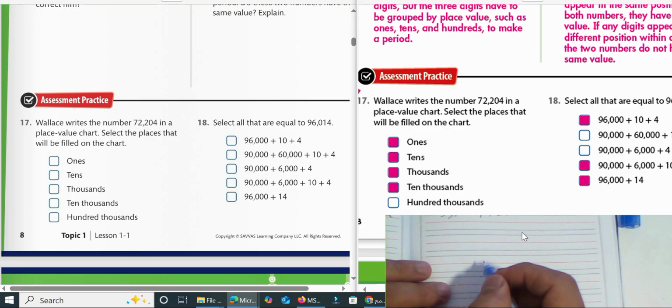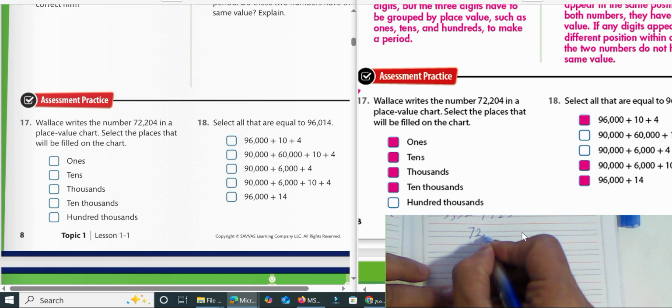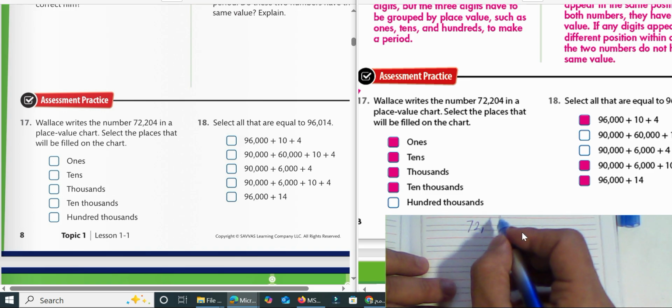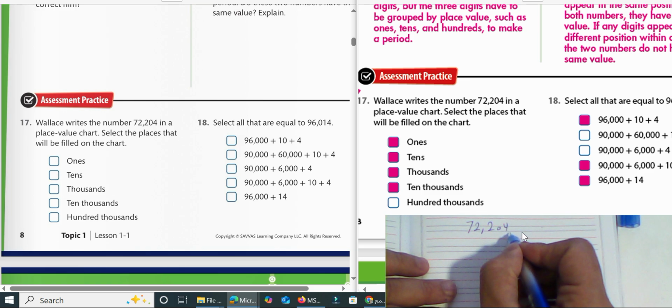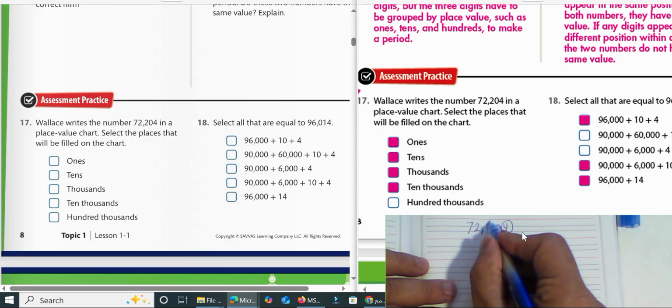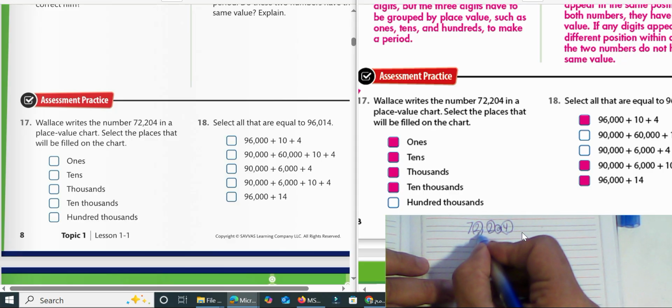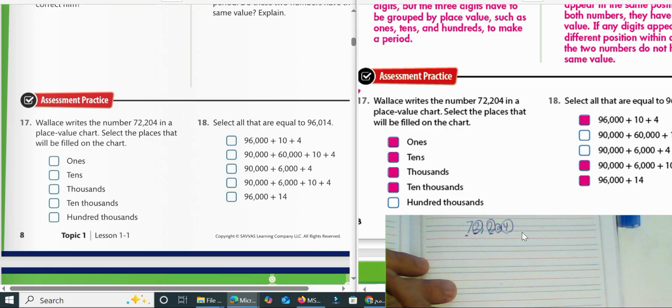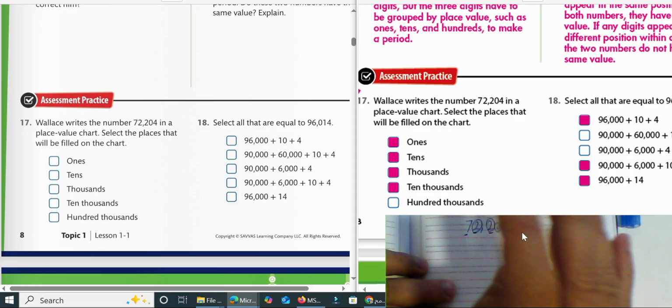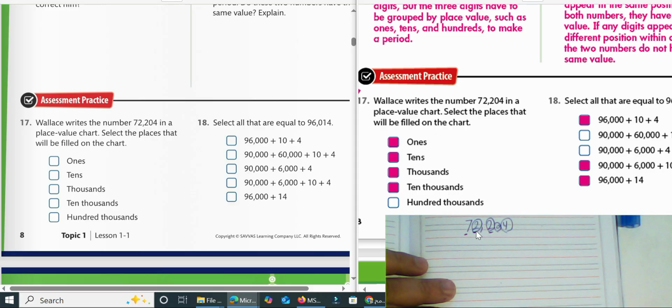This example contains 5 digits, 72,204. 4 lies in the ones, 0 in the tens, 2 in the hundreds, 2 in the thousands, 7 in the ten thousands. But we haven't here hundred thousands. So check ones, tens, thousands, ten thousands.